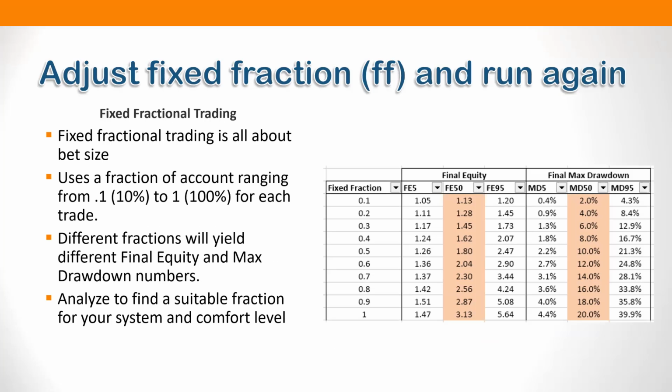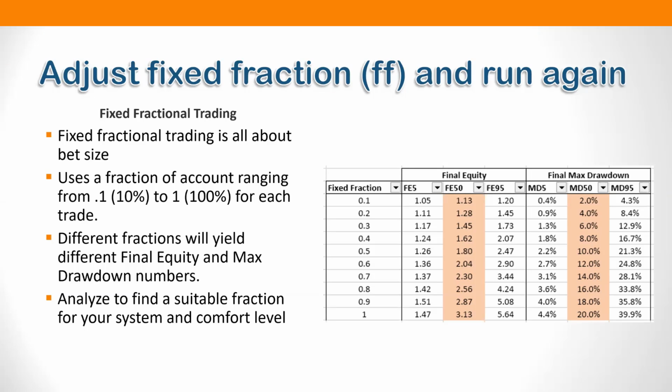The Monte Carlo simulation that you run is based on trading a whole account amount. The way it's done is you start off with, let's say, $10,000 in the account, and you choose a fractional amount of that 10,000 initial equity to trade.